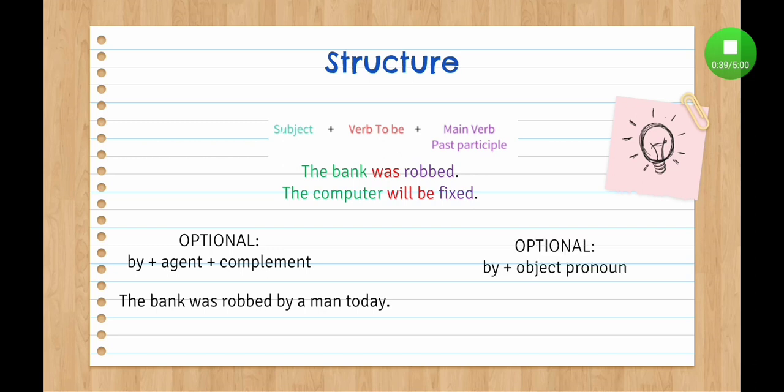Then we have another option, that is when we add the particle by, but after the particle by, instead of adding an agent as a noun, we add an object pronoun. What is it? In here we have an example. The bank was robbed by him today. In this case, the object pronoun is him. Him is the object pronoun that corresponds to the third person of the singular.